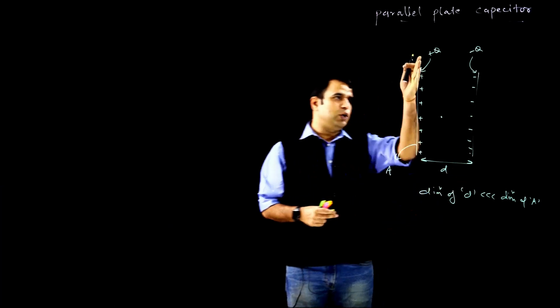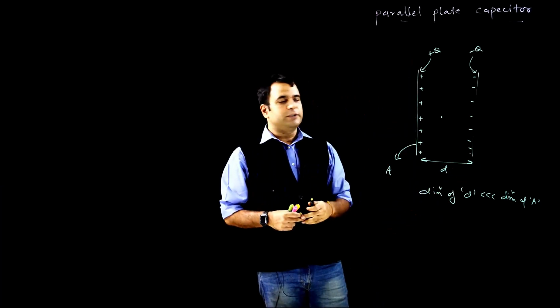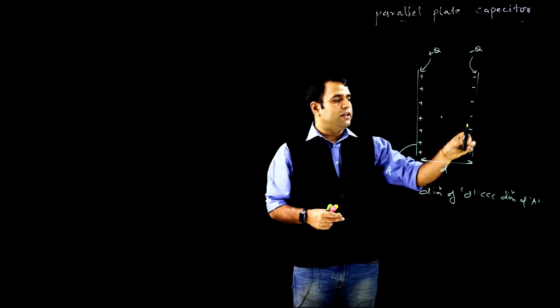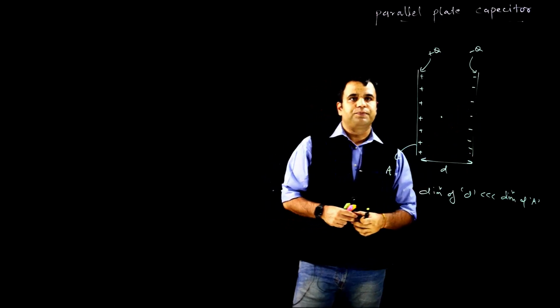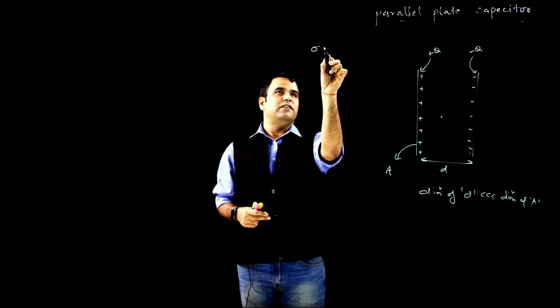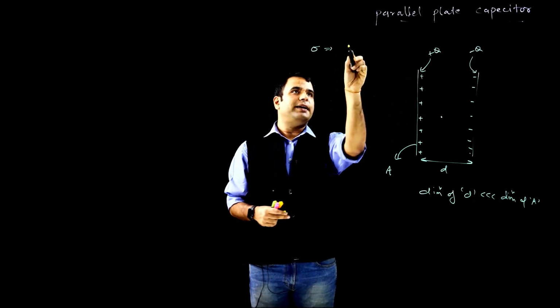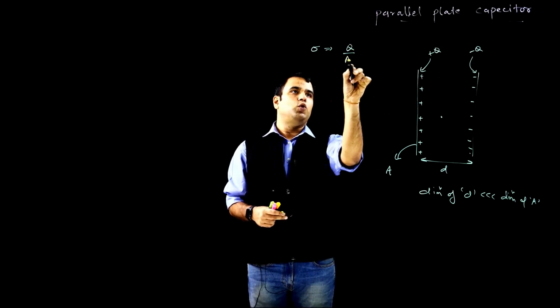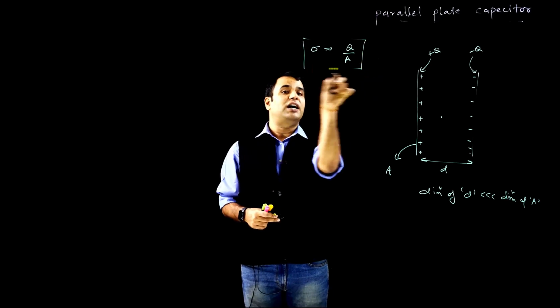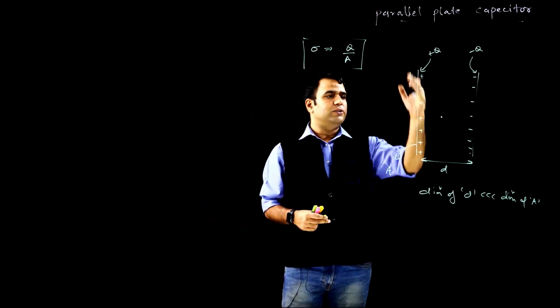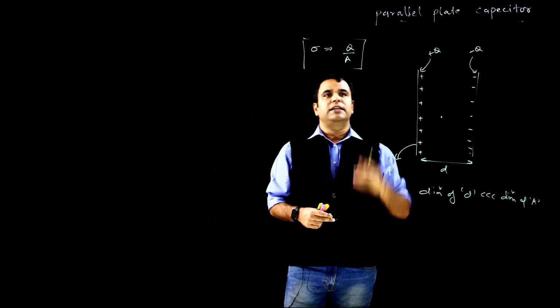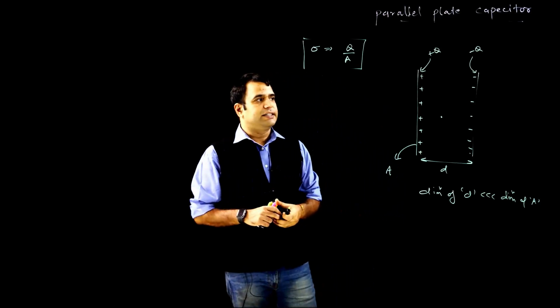Plus Q will distribute uniformly over this plate and minus Q will distribute uniformly onto the other plate. The surface charge density for either plate can be defined as Q by A, where A is the cross-section area.